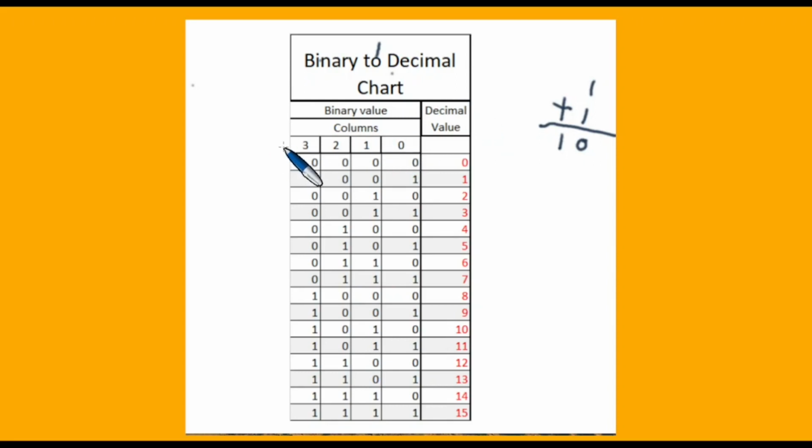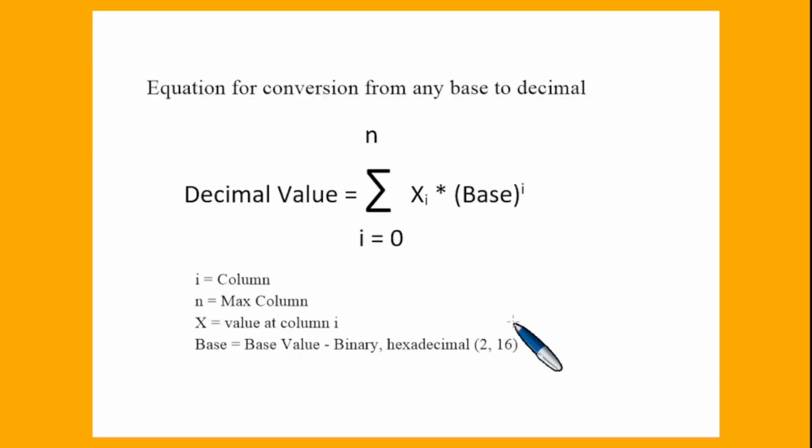Of course, you can go over many columns, but continuing on, this is the equation for converting from basically any base, which is why I put it this way, to a decimal value. And what we do is that i is the column.